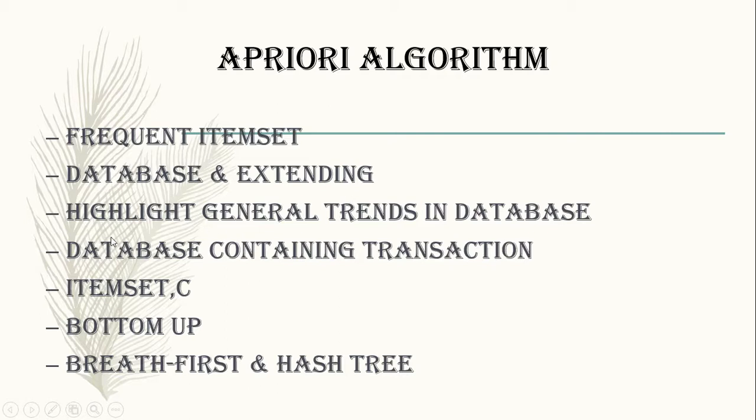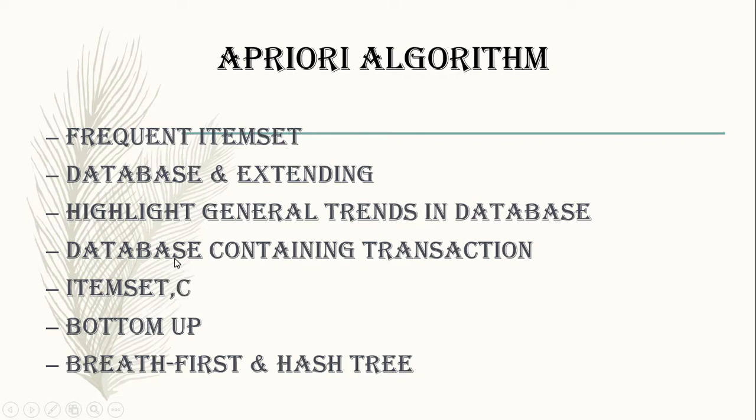So we are moving to the next point, that is the database containing the transactions. A transaction, for example, is a collection of items brought by the customers. Each transaction is seen as a set of items or item set, given that C indicates the threshold.